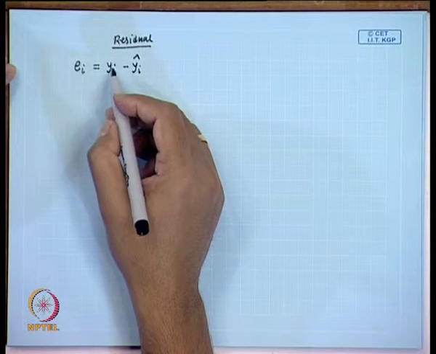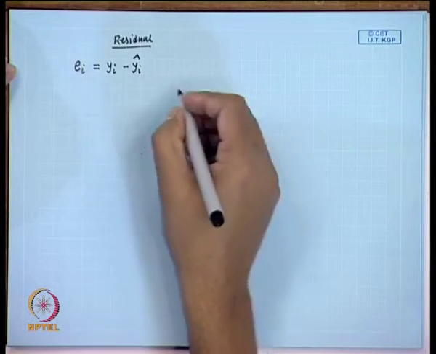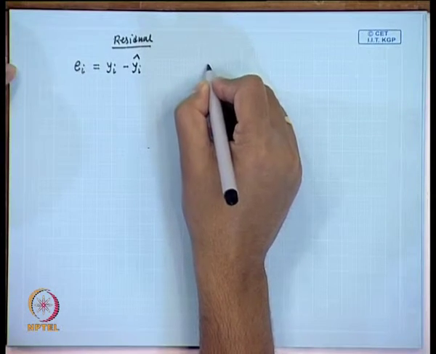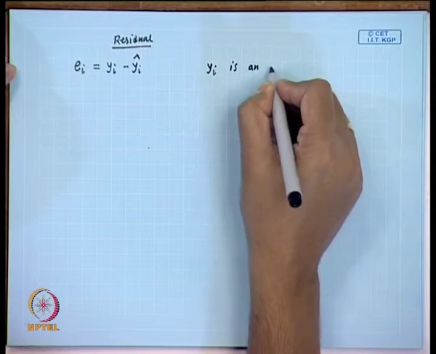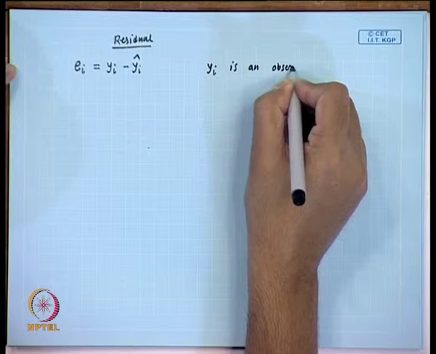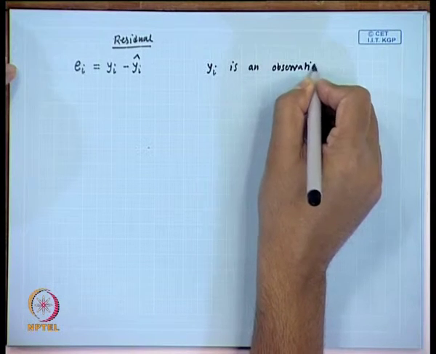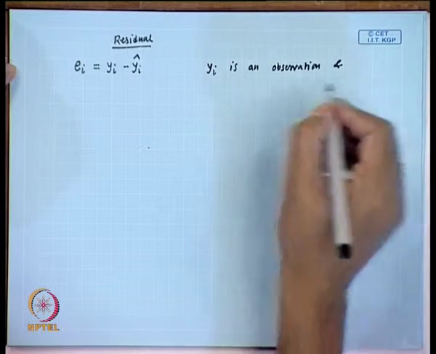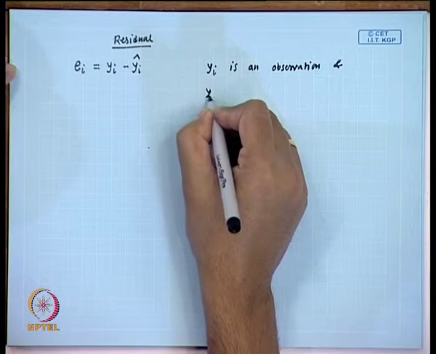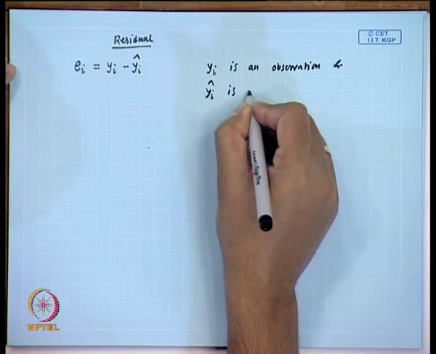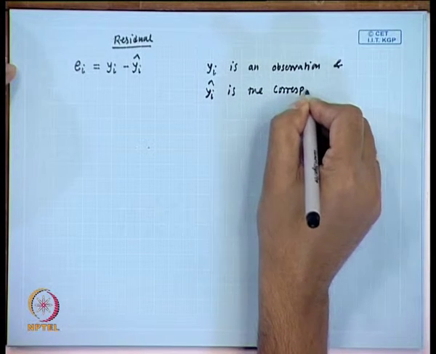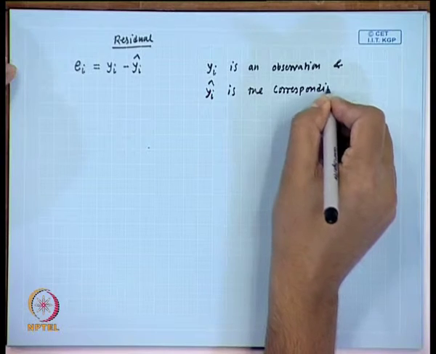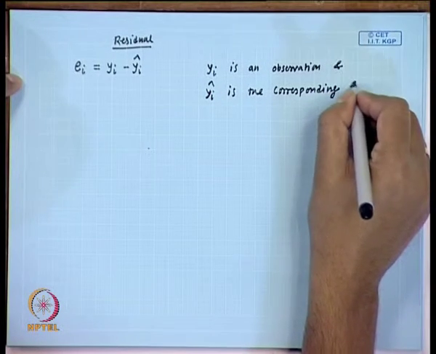So, y i is the ith observation, an observation, and y i hat is the corresponding fitted value.